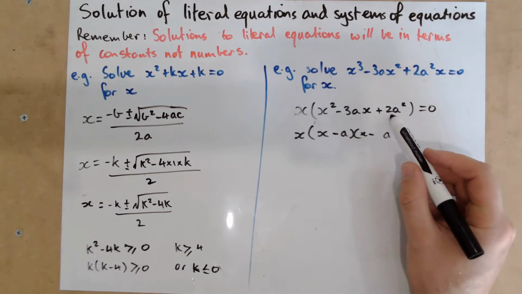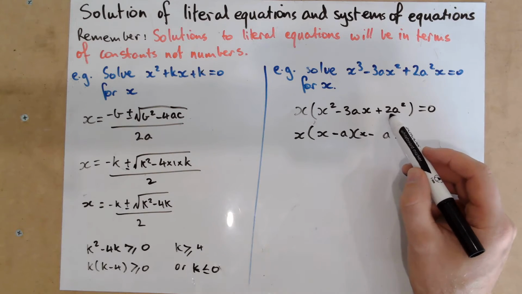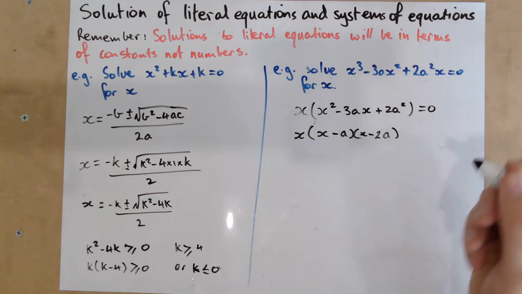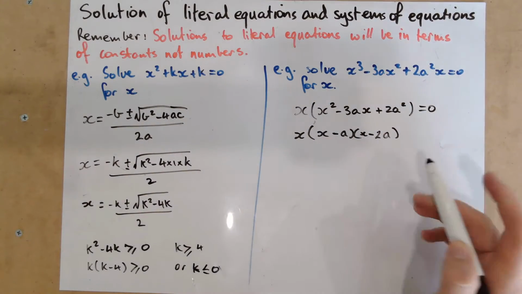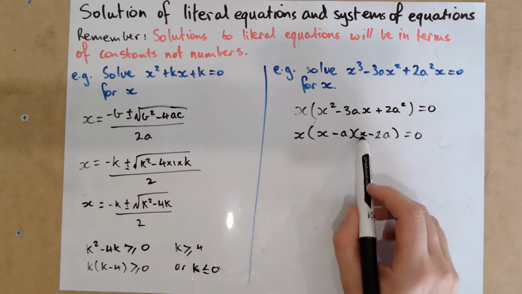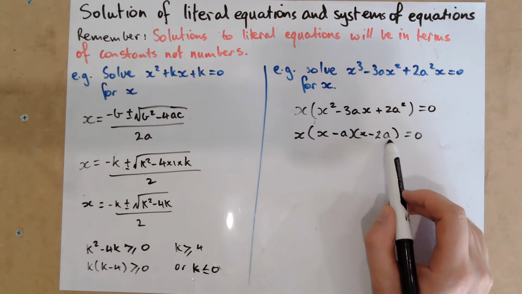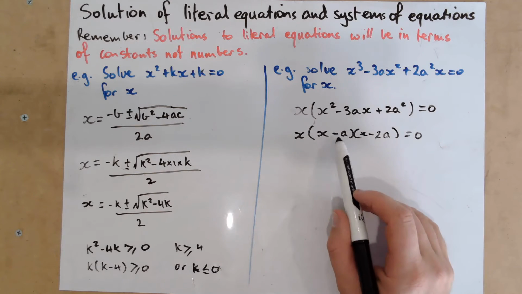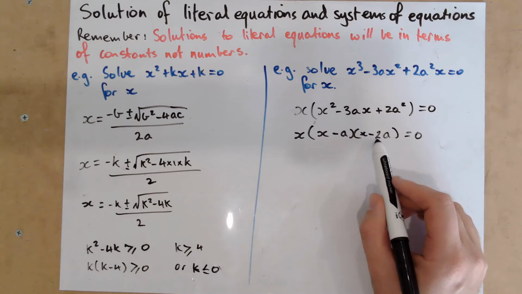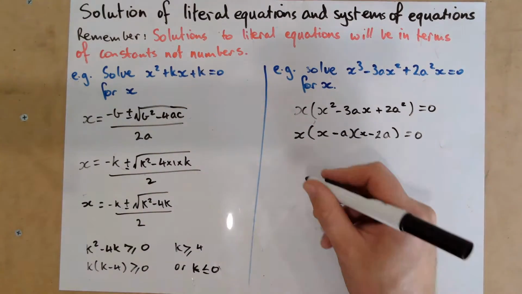The only other thing is our factors of 2, which are 1 and 2, which do get us to 3. Let's double check by multiplying it out: x times x is x squared, x times negative 2a is negative 2ax, take ax gives negative 3ax, and negative a times negative 2a gives positive 2a squared. So that does work.